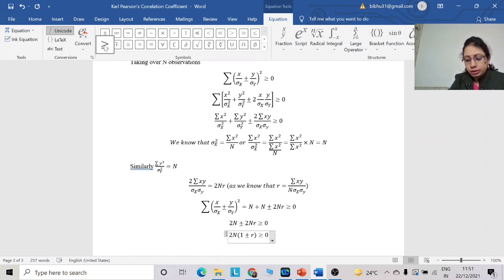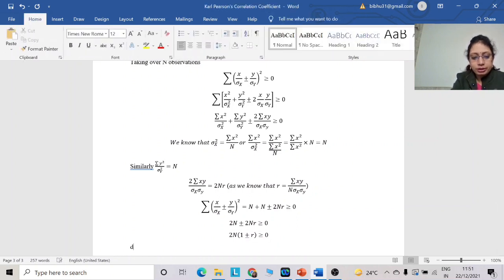Now divide this 2n on both sides. Next step, divide 2n on both sides.